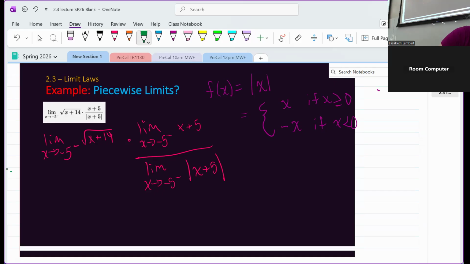For this last piece, though, the side that we're approaching -5 is important here. So if I just directly put in -5, I actually get -5 plus 5 is 0. And then I'm dividing by 0, and I'm going to have a problem.